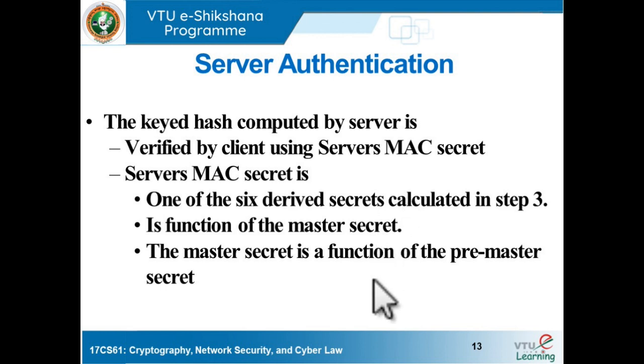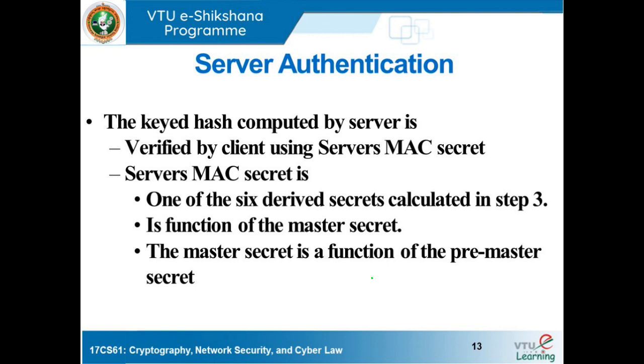Now let's see further. The keyed hash computed by the server is verified by the client. The client uses the server's MAC secret to verify the keyed hash. The server's MAC secret is one of the 6 derived secrets calculated in step 3. This secret is a function of the master secret.